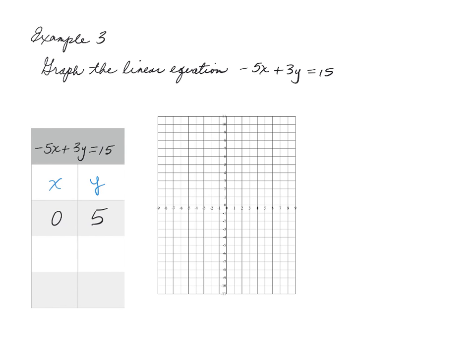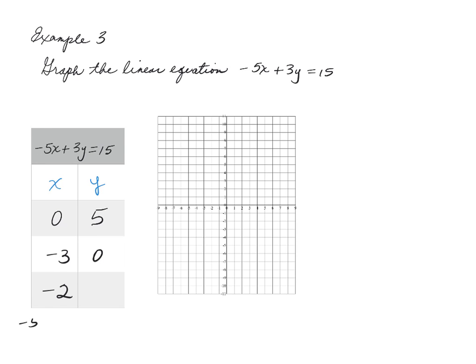Then what about if we choose y is 0? If y is 0, then this term goes away. So we have negative 5x equals 15. Right? Negative 5 times what is 15? Negative 3. Okay, what if x is, say, negative 2?